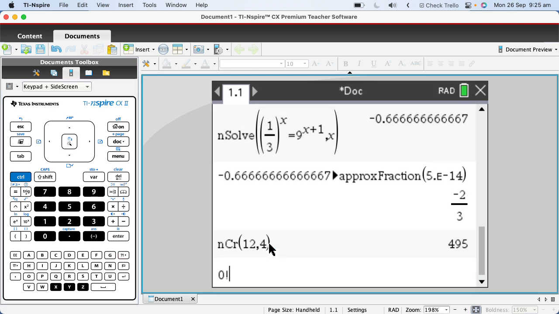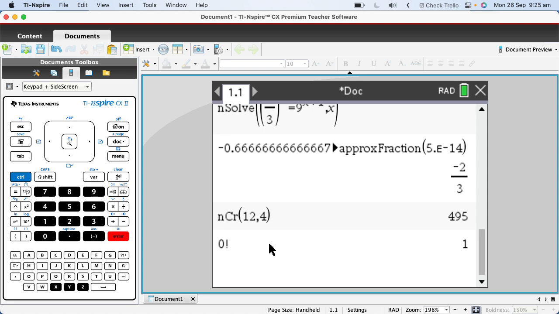Yep, 1. I won't explain why now, but 0 factorial can be proven to equal 1, though what we tend to say to students is it's defined as 1. 0 factorial is 1. Just for you, Zoe, I'll find a little video that explains it.